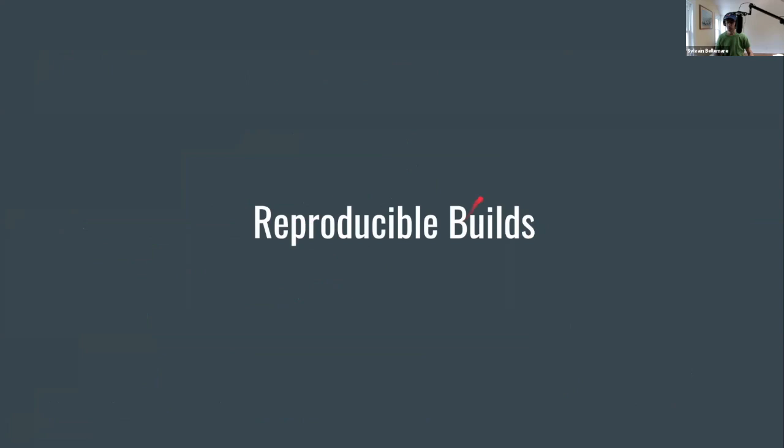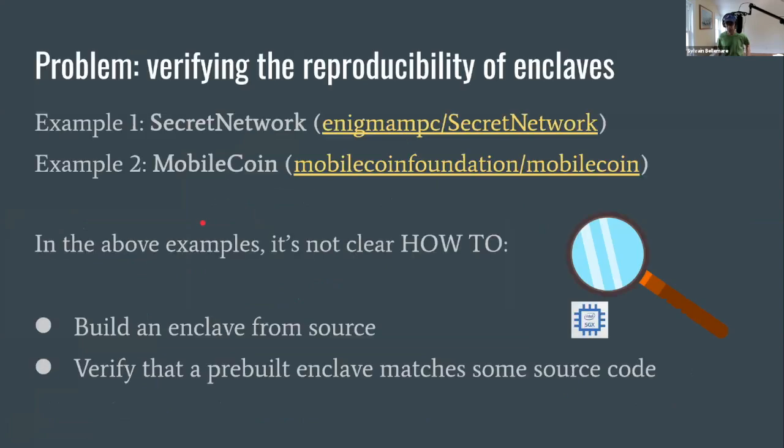So, on the topic now of reproducible builds. Here's what I'm going to demo. Let's say I challenge you: go to the Secret Network repository, because they use Intel SGX, and let's say you know they're running some enclaves in production, some nodes, and you have either their binary or some remote attestation report that was signed by Intel.